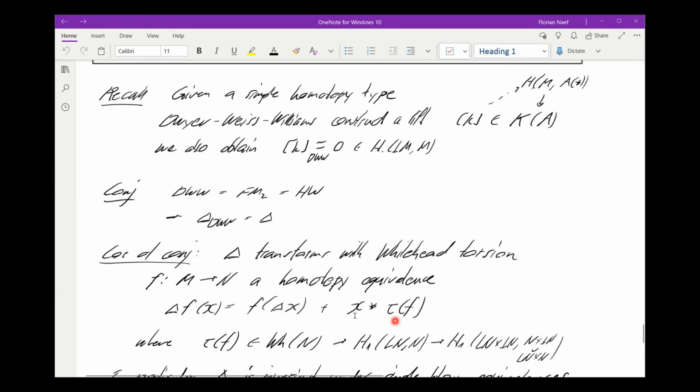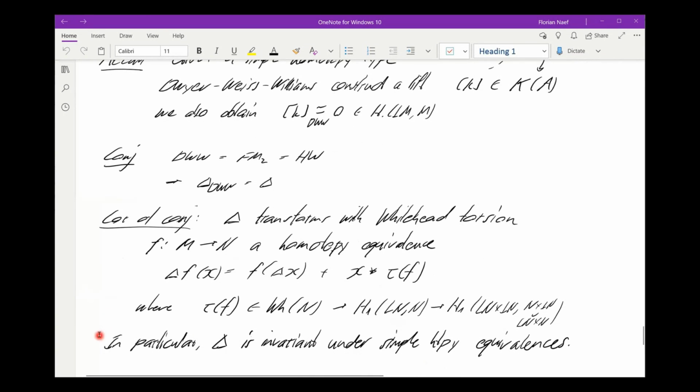The extra term is given by the action of the Whitehead torsion: you take the Whitehead torsion, map it to root space homology, and take the diagonal of it.